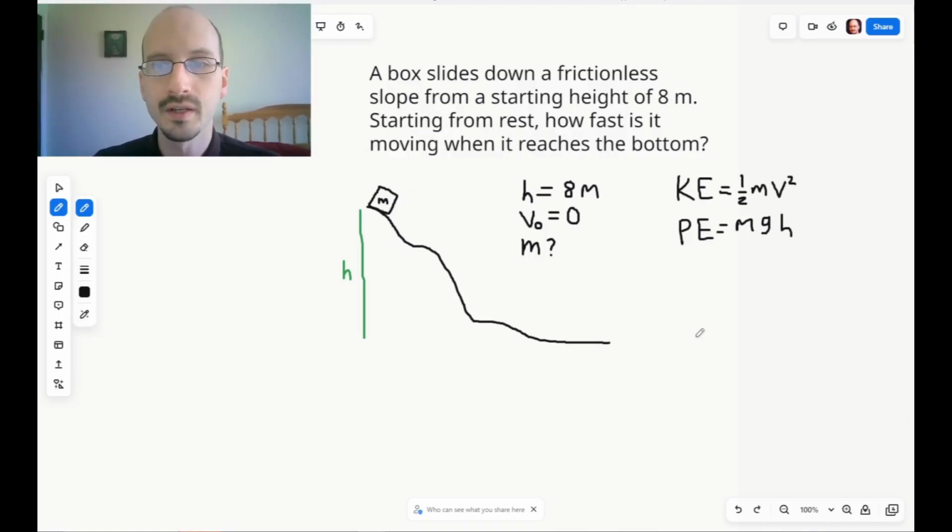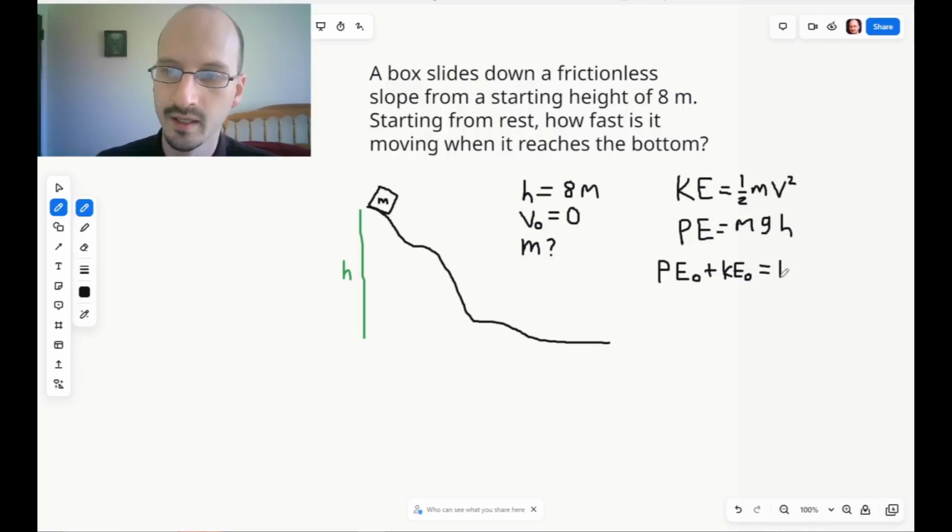So we can use the conservation of energy equation. So potential energy initial plus kinetic energy initial equals potential energy final plus kinetic energy final.